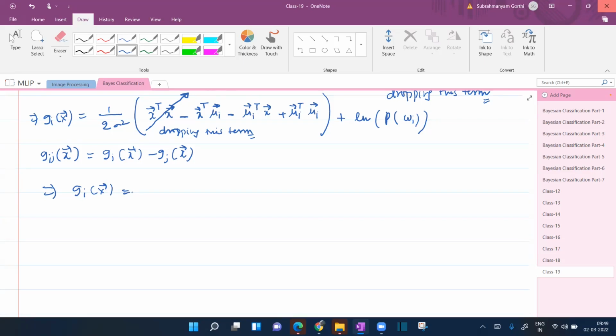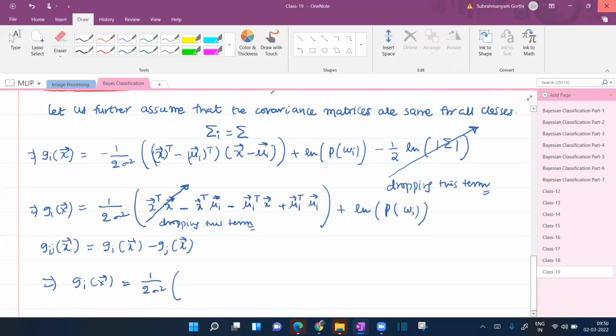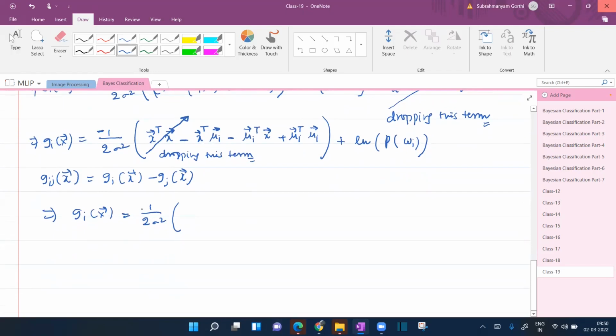So what am I left with here? I could do 1 over 2 sigma square into this. By the way, I forgot to keep here minus 1/2 sigma square, so here also minus 1/2 sigma square. Do you remember how you could simplify that?